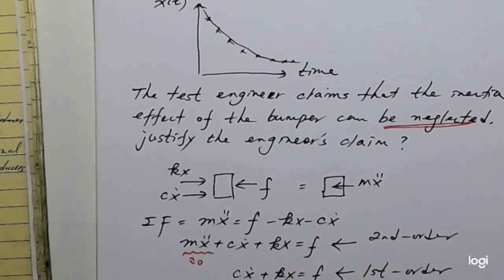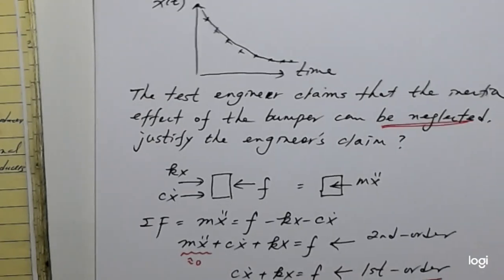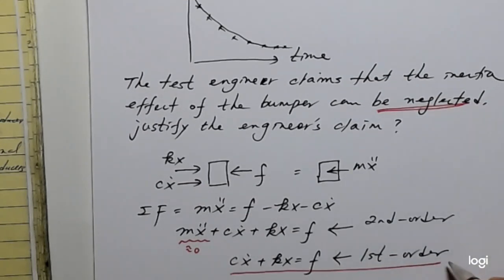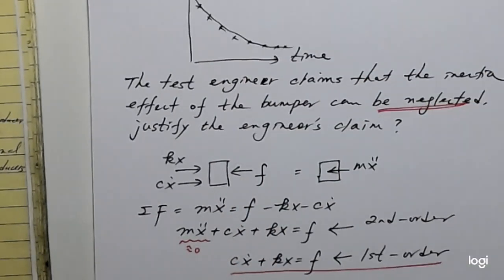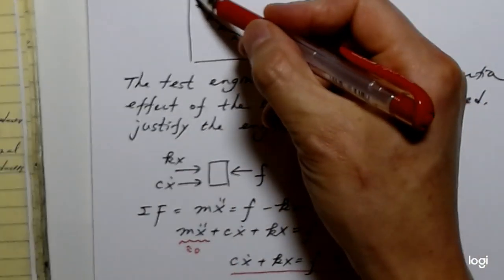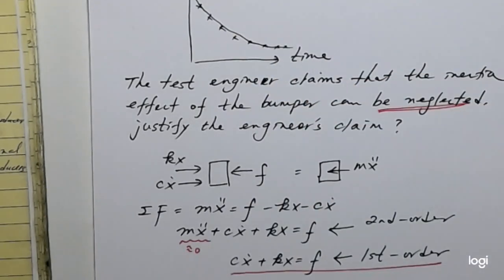So how do we justify this? If you say because it's exponential decay, that's why. Because this is exponential decay, there's no oscillations.